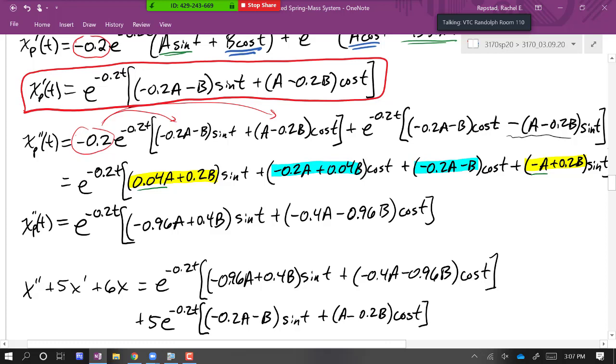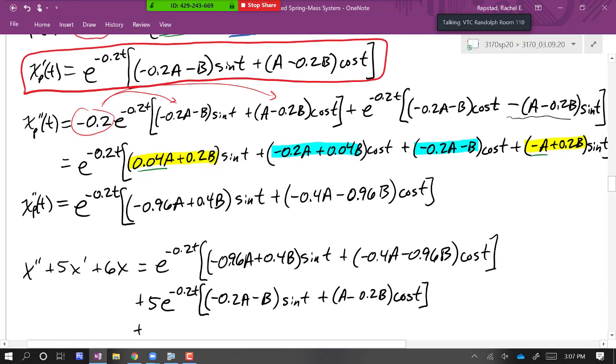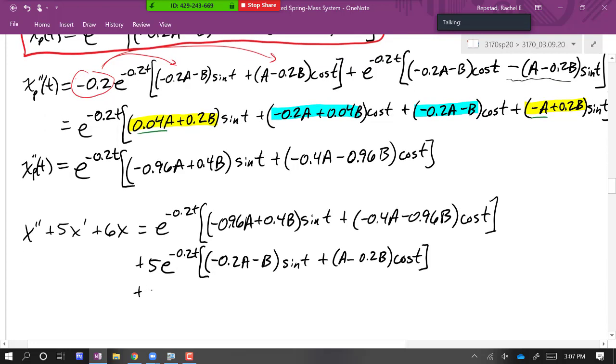And then plus 6 times the function itself, which was e to the negative 0.2t times a sine t plus b cosine t.